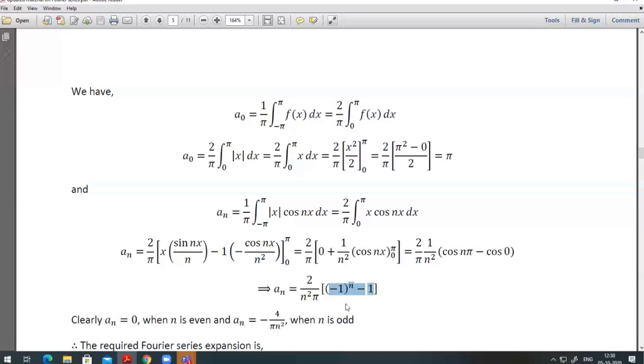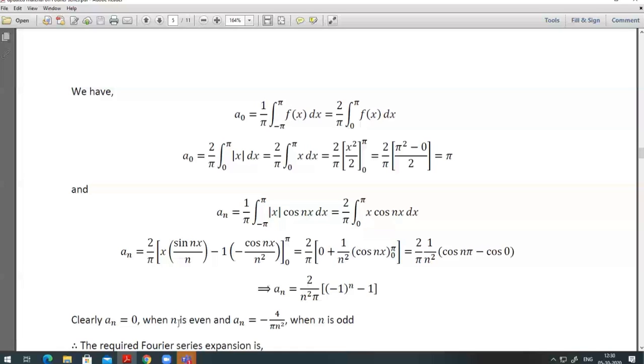That means if n is even, an is 0, and if n is odd, we get 4 divided by n square pi. So clearly an is equal to 0 when n is even, and an is equal to negative 4 by pi n square when n is odd.